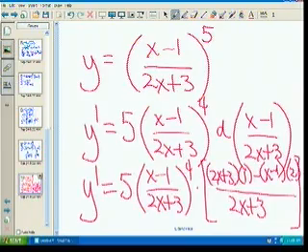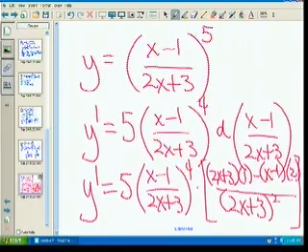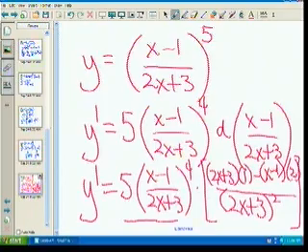Squared. So, it does involve our knowing the quotient rule, but it also involves us kind of saving that till the last step of the problem and doing the derivative of the outside function first before we do the derivative of the inside function. We're out of time.